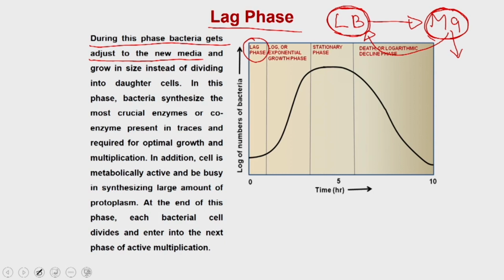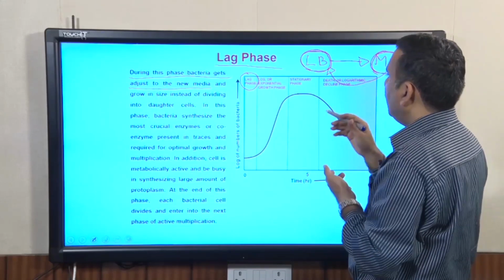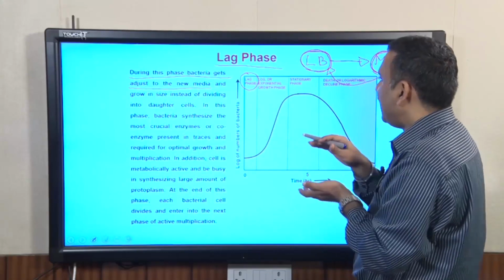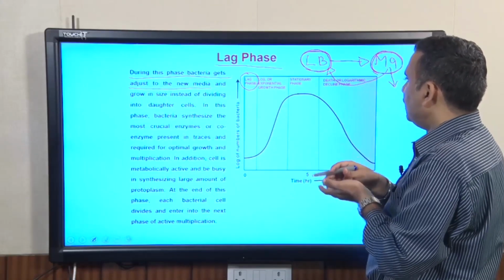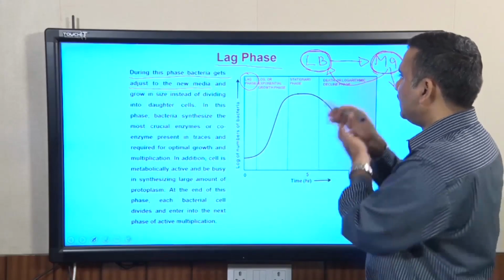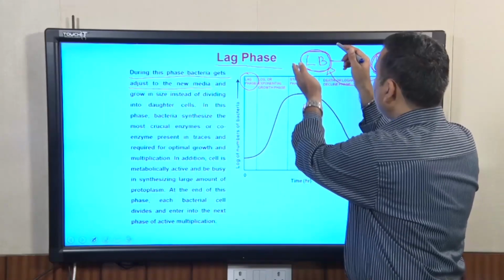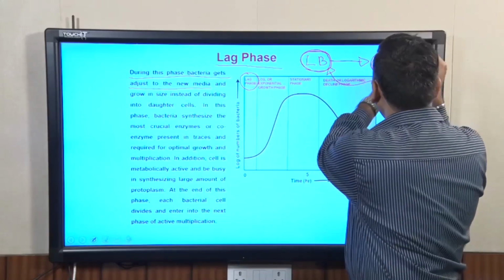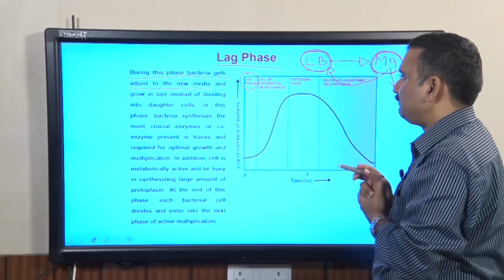So, as a result it has to shut them down, and that requires adaptation, and that is how it is going to have a lag phase. The lag phase is always going to be there whenever you put the bacteria from one media to another, irrespective of whether it is from a rich media to a defined media, or from a less rich media to a more rich media.